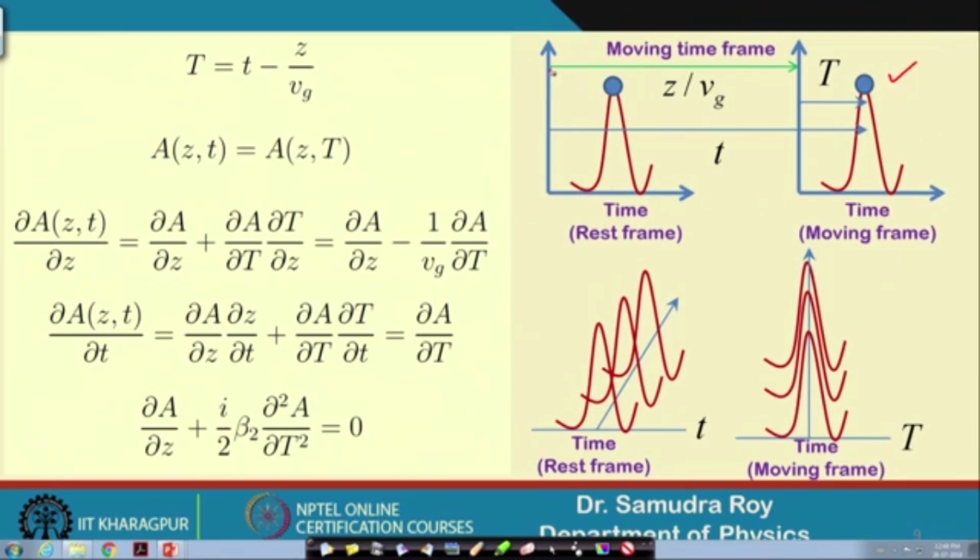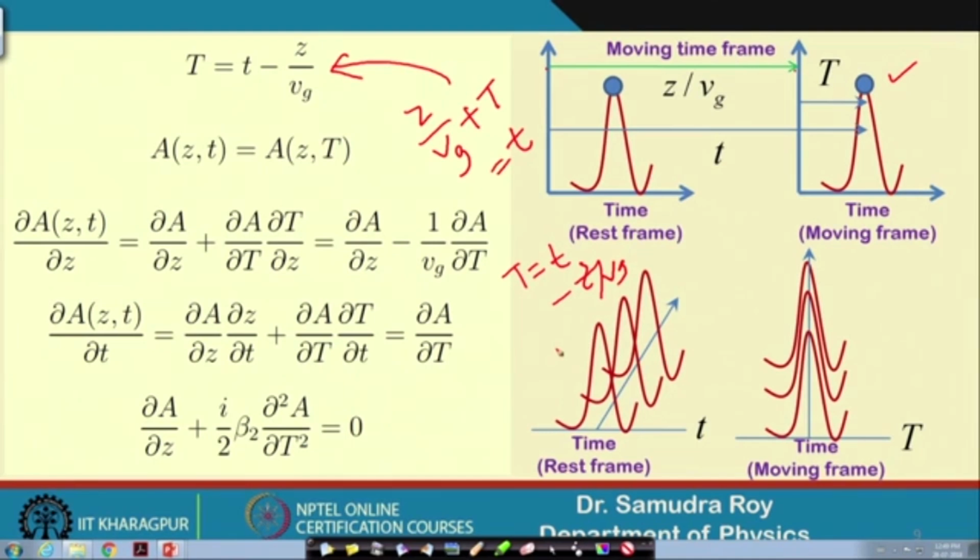So, what is the difference between this and this? It should be z divided by V g. Now, if I equate these things, try to understand. This quantity plus this quantity, that means z by V g plus big T, is equal to our small t. So, exactly the same equation is written here, only I write it in terms of T. So, T is equal to t minus z by V g.